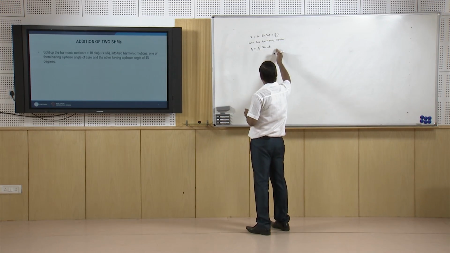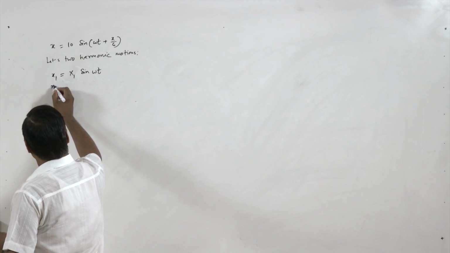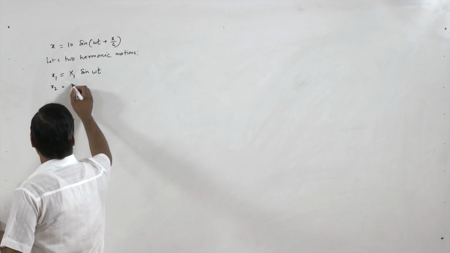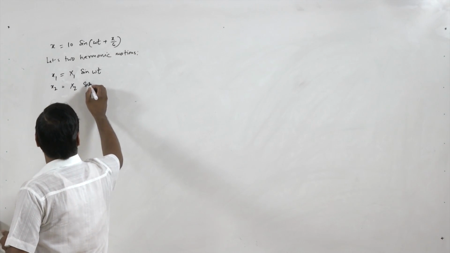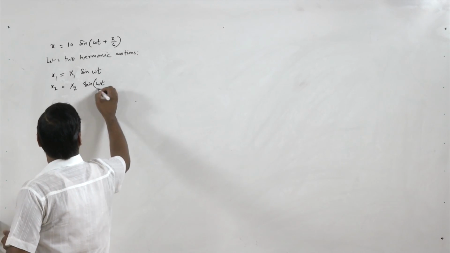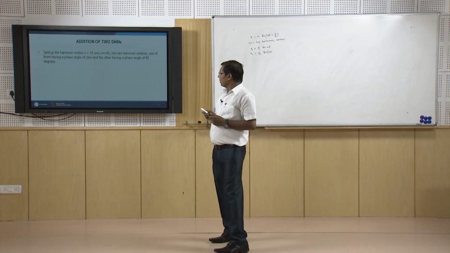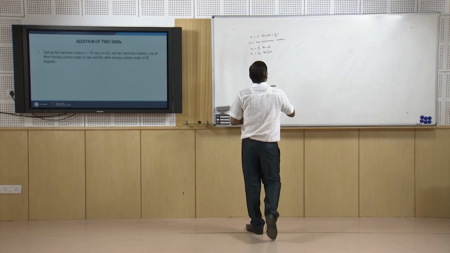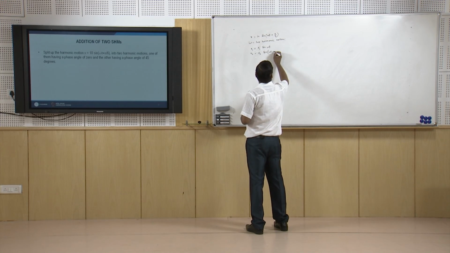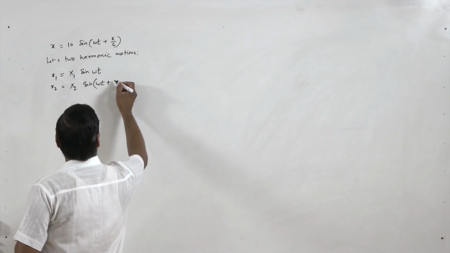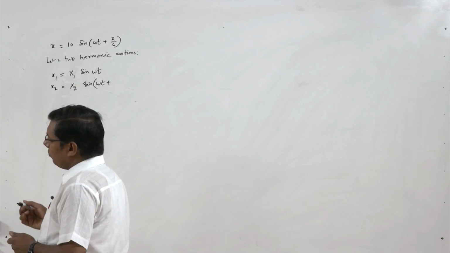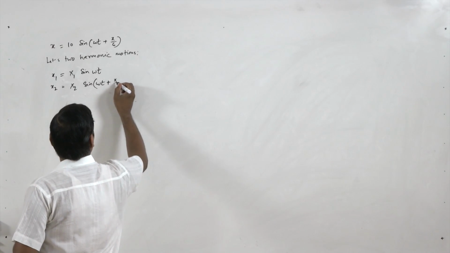The second one is x2 equal to X2 sin(omega t plus 45 degrees), and we put it in radians, so it is pi by 4.